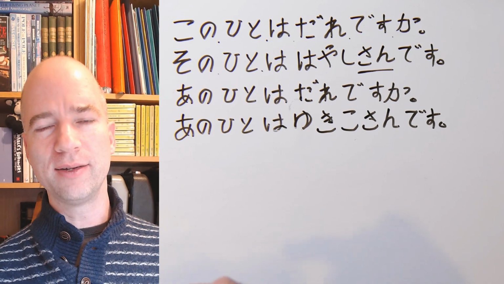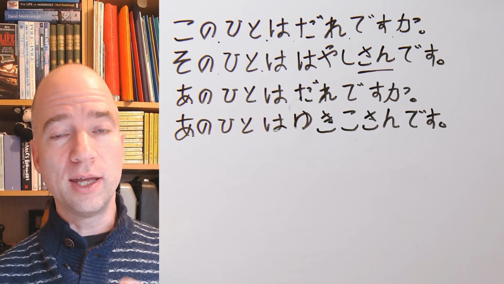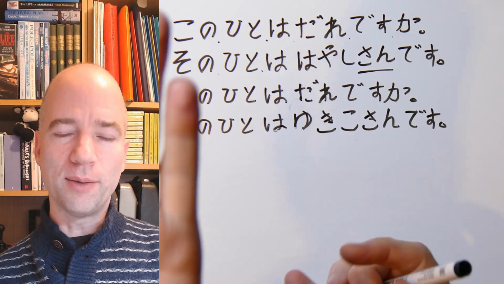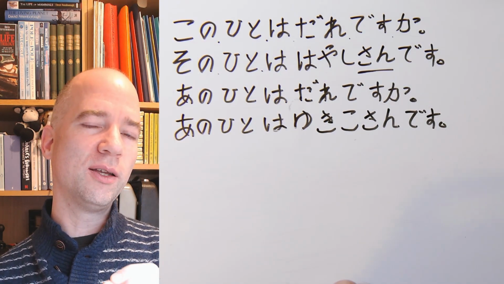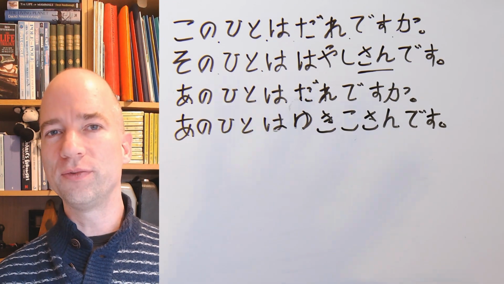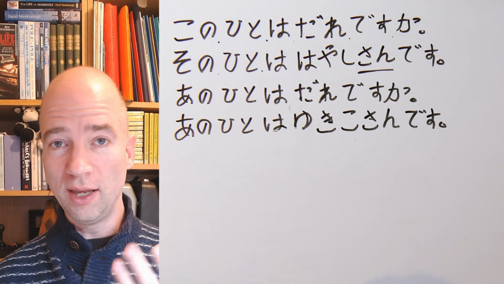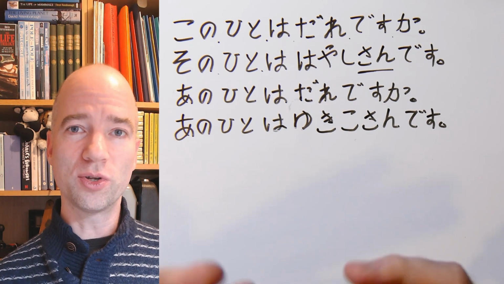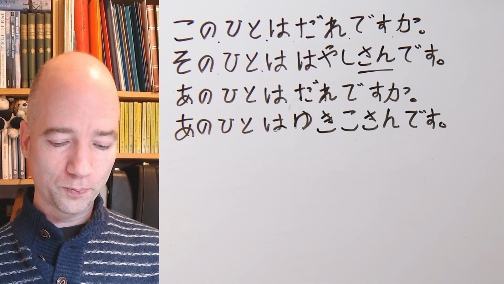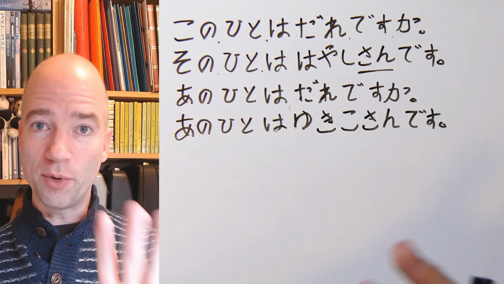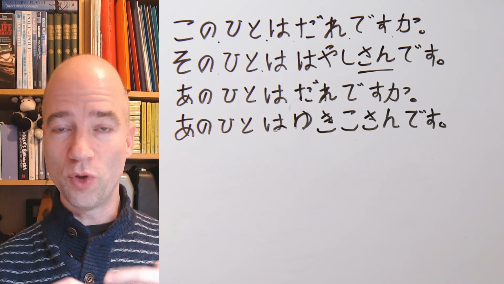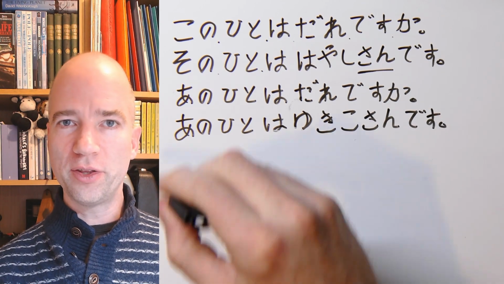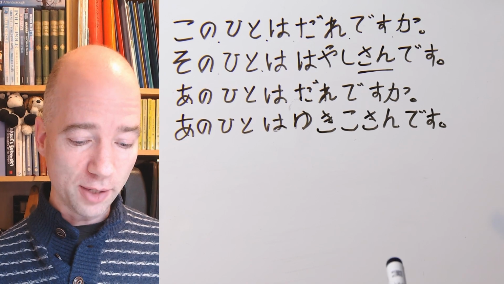Remember, I said that the pronoun for I and me is watashi, and the pronoun for you is anata. But there are actually many, many different pronouns for you and for me in Japanese, depending on context and who you're talking to. I'm not going to go into all of them now. I'm going to just mention it now as one thing to be aware of. And the same thing goes for other references to other people as well.